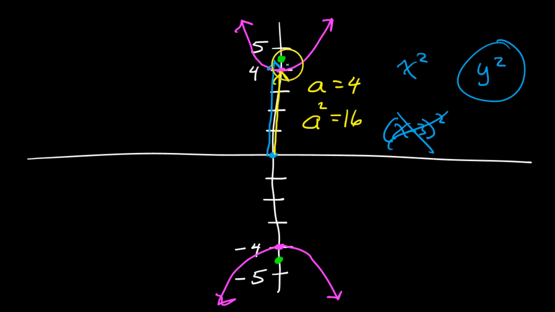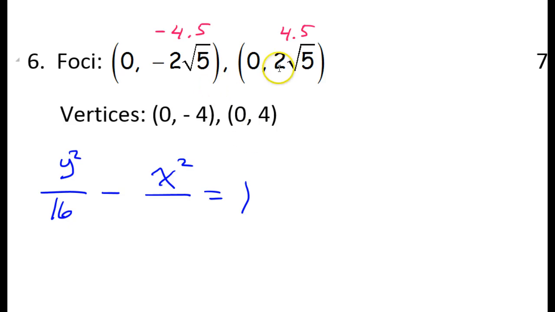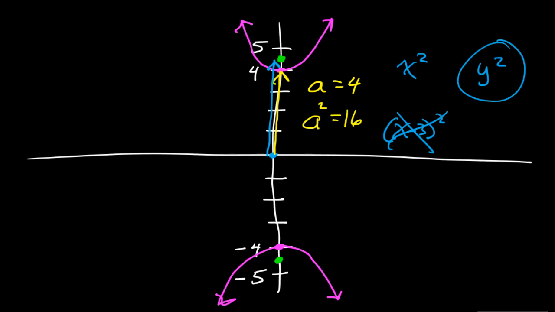So that tells me that c is, well, wait a minute, what was this again? This is between the lines. I kept calling it 4.5, but really it's 2 radical 5 to be exact. So that means my c value is 2 radical 5, which means that c squared is going to be 2 radical 5 squared.